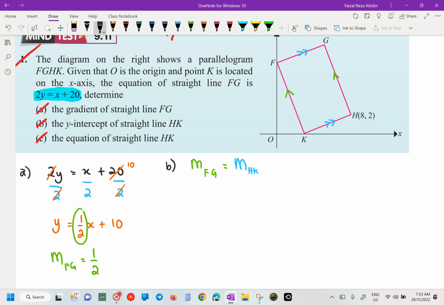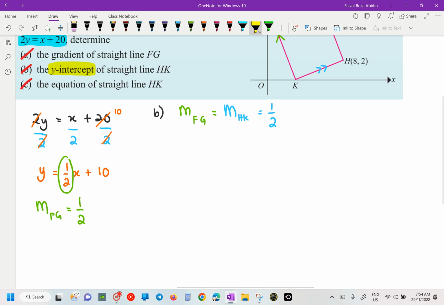Okay, so we have the gradient for HK will be 1 over 2 already. Okay. So we know that the question here is not asking for the gradient. The question is asking for what here? Y-intercept. What does it mean by y-intercept? Our C, correct. Okay.